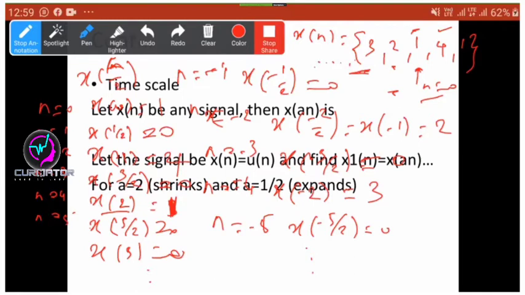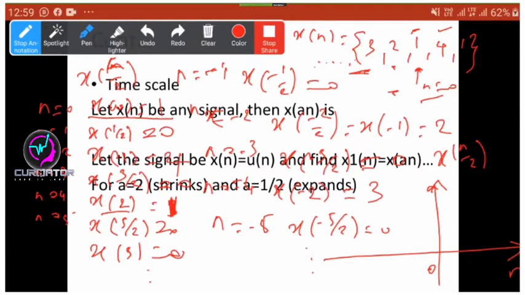Let us see its graph now, so that we understand clearly how this time scaling works. Here it is 0, here it is n, here it is x of n by 2, it's not x of n, x of n by 2. Now let me plot. For n equal to 0 I got 1.